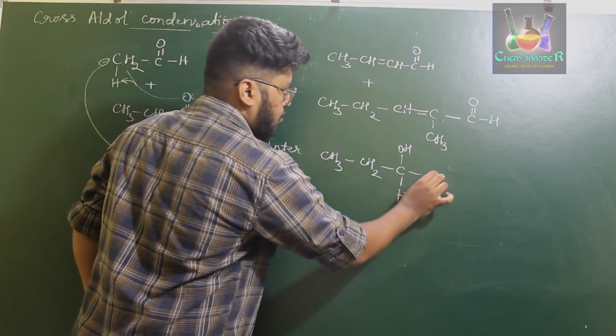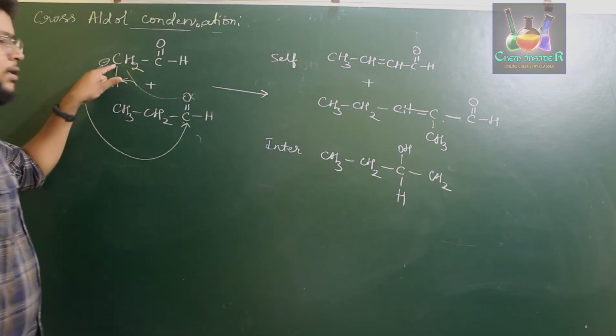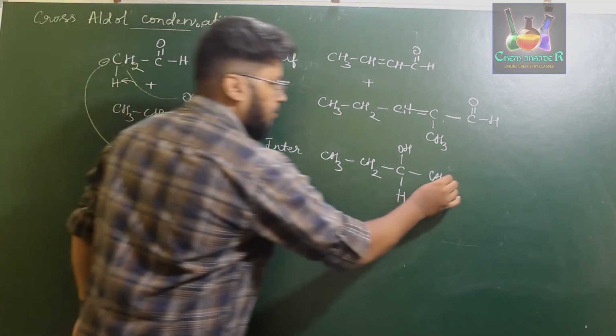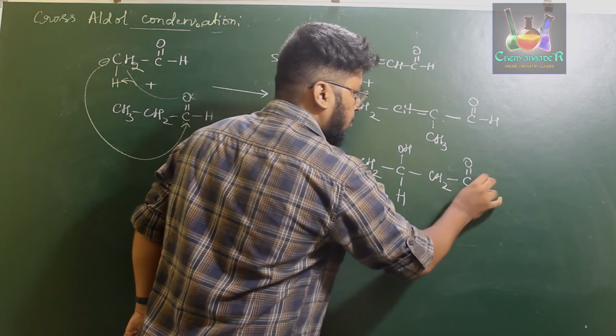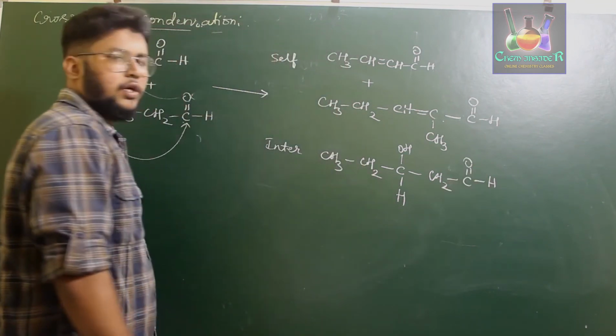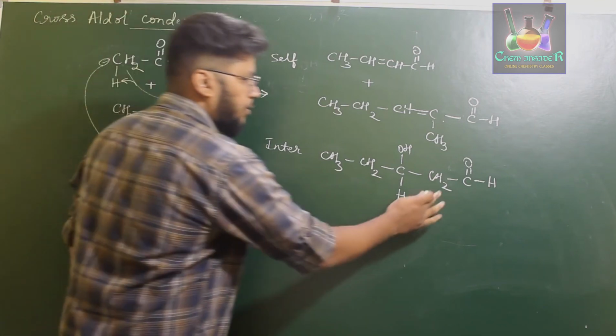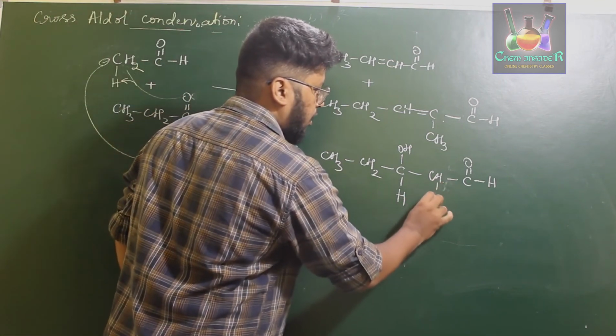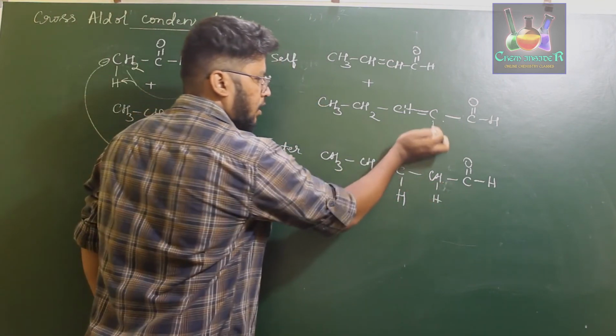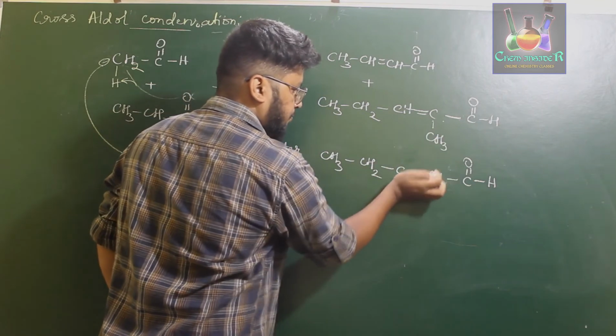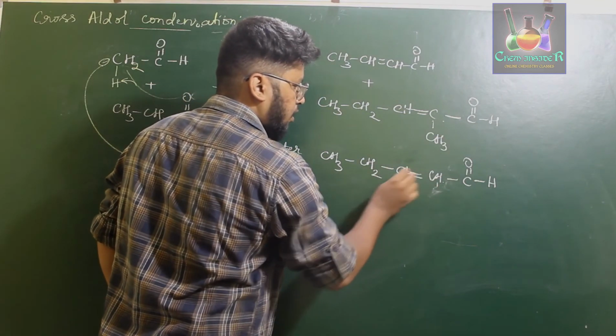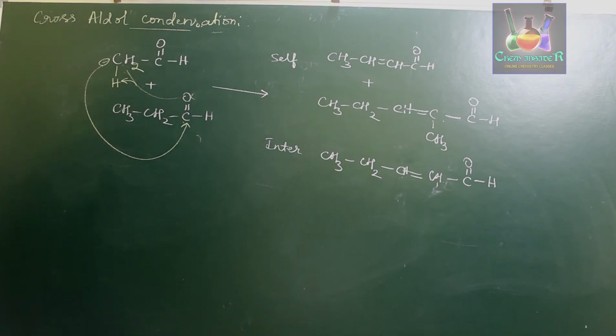We have a CH2 group from this carbon leading to the formation of C double bond OH. Okay, this will be the product, and now we'll be losing hydrogen from this particular carbon and OH from this carbon, leading to the formation of a double bond, CH double bond CH. So this will be the condensation because of considering the alpha hydrogen of ethanal.